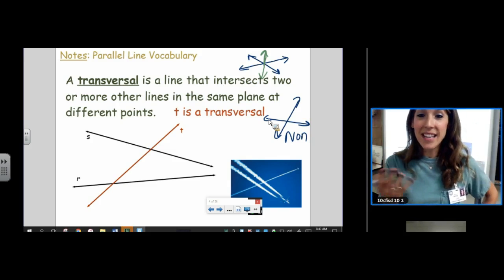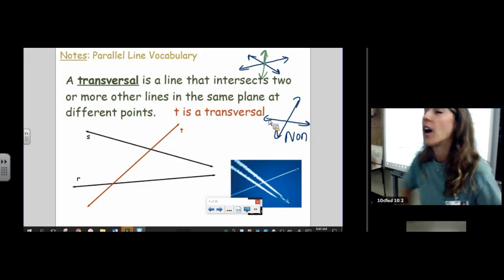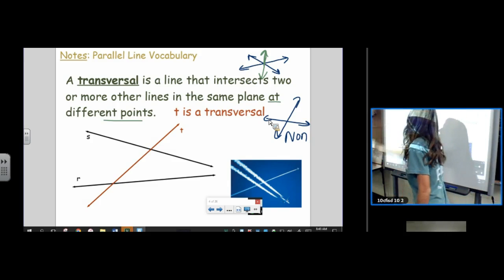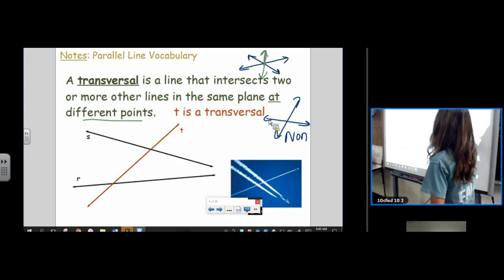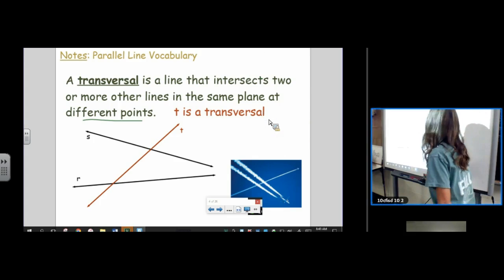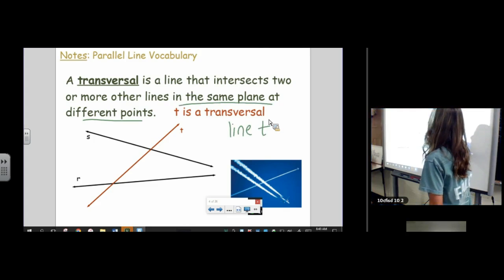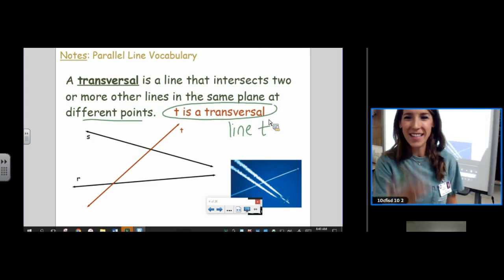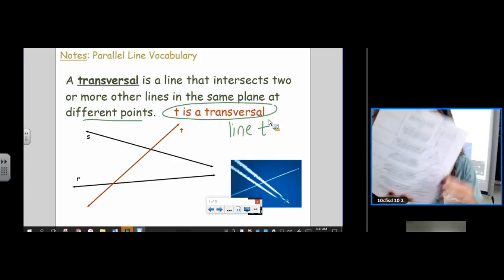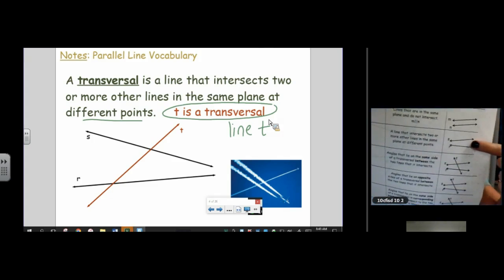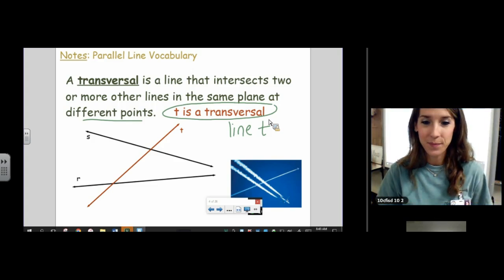So it's intersecting 2 or more lines, check. Ooh, but it's not intersecting them at different points. So the only transversal on the board right now is line T. Look, T is a transversal. Y'all are asking which one, but it said right there. There's no transversal on your page, so you need to draw it in yourself.